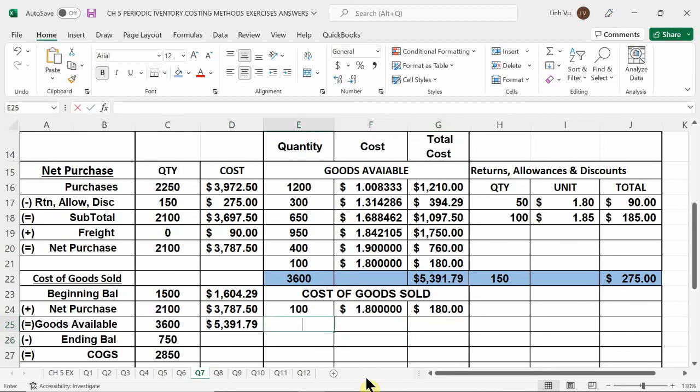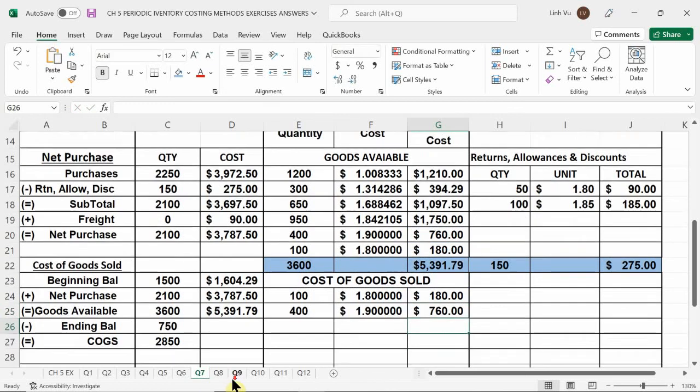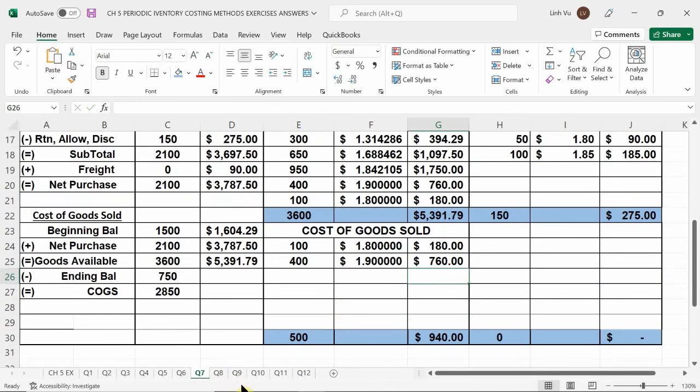Okay. That was only 100. I need to sell a lot, so I'm going to go ahead and start eliminating the next one, which is 400 at 760. Okay, so I've sold my first 500. I need to get to 2,850 units. So a long way I have to keep going.